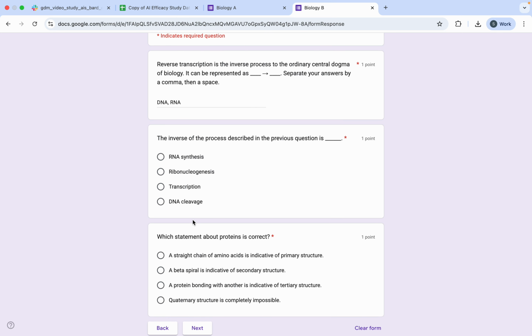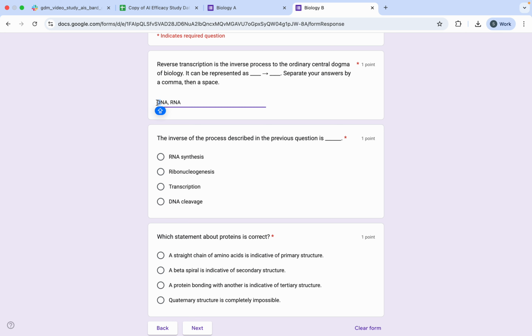Now the next question is, the inverse of the process described in the previous question is: RNA synthesis, ribonucleogenesis, transcription, DNA cleavage. So reverse transcription is the synthesis of DNA from an RNA template, right?